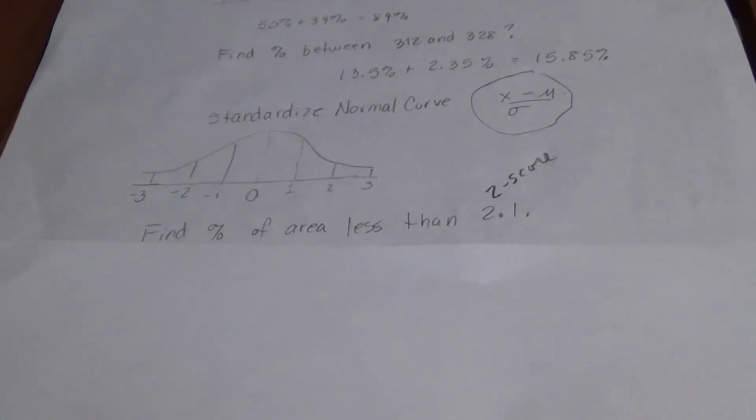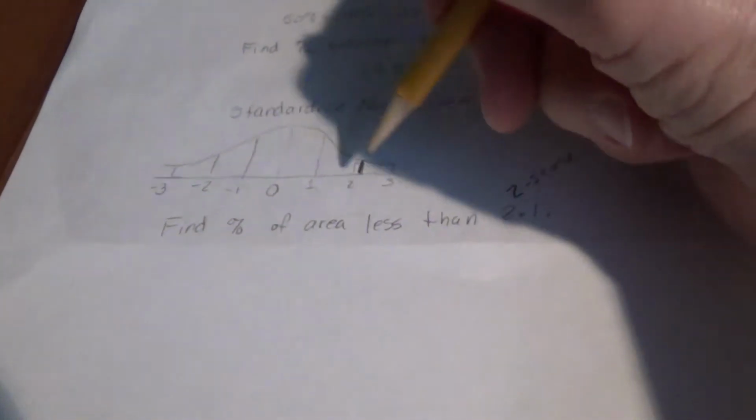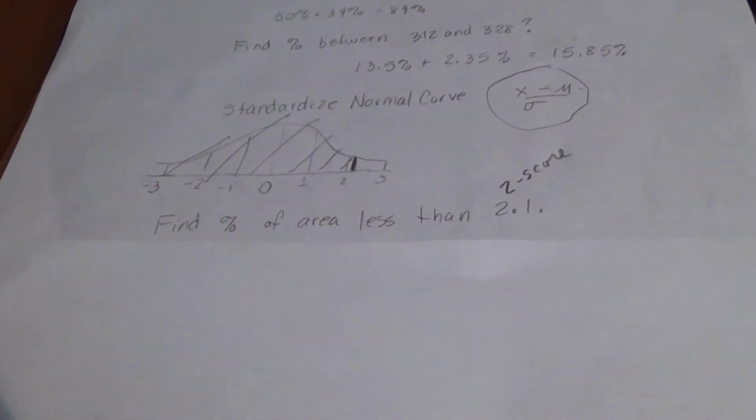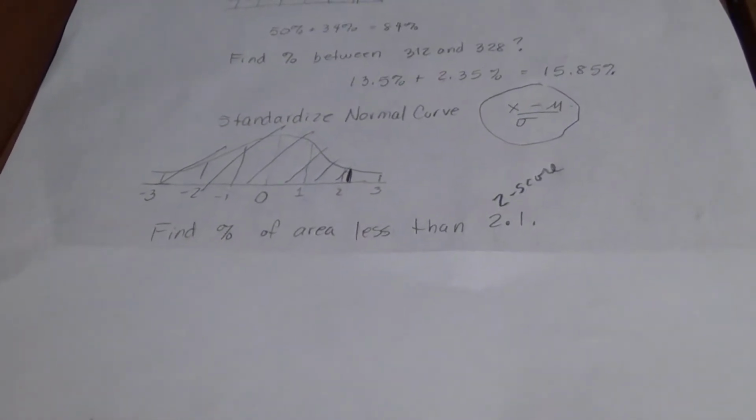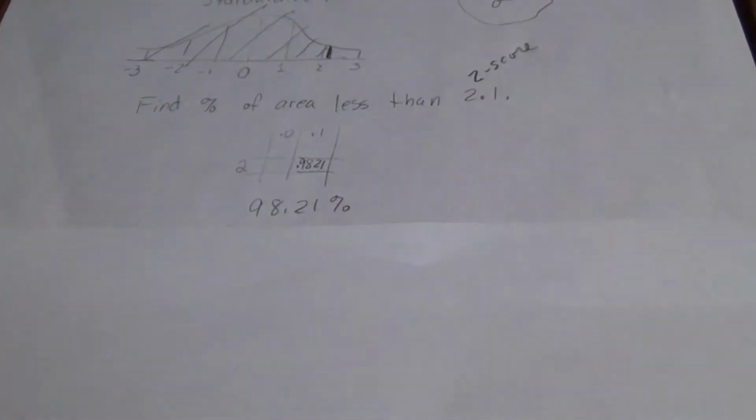Can you find the percent of area less than 2.1? We drew everything today, so 2.1 is a little greater than 2. So looking for the area less than that, we're looking for all this area. In order to find that, and this is still old information, we did this together when you were in class last, we went over to chart A in the back of the book, and we found the area where there was a 2 on the margin.